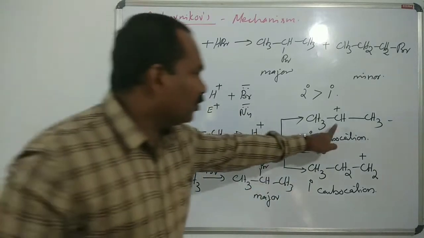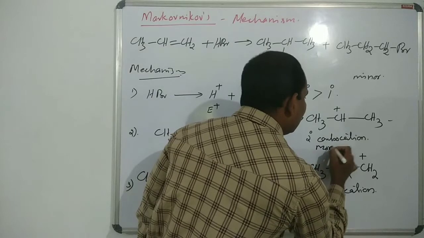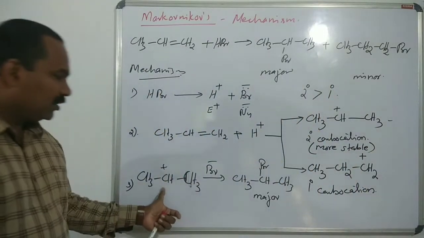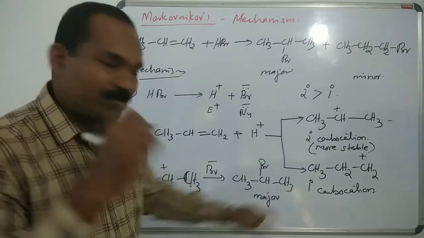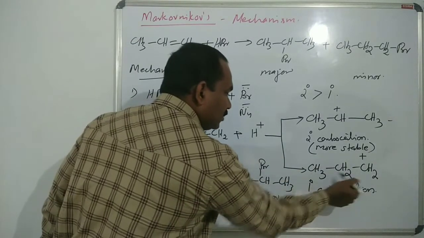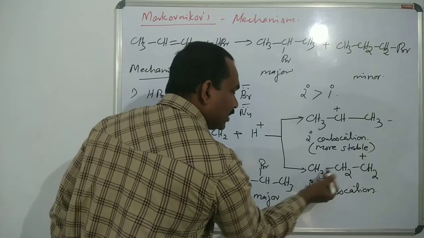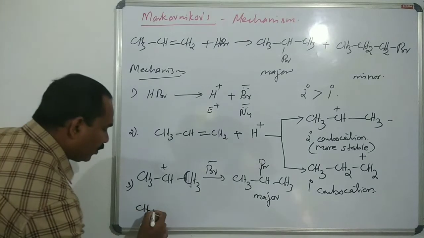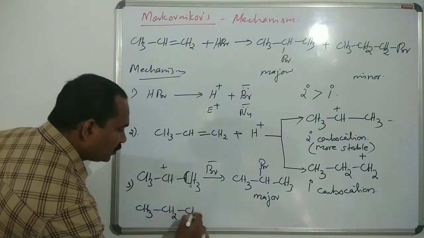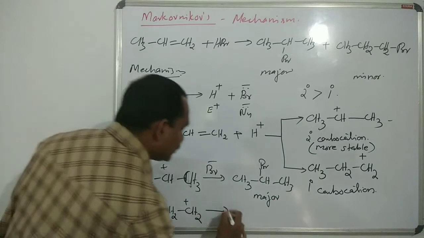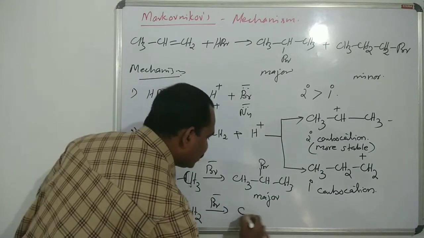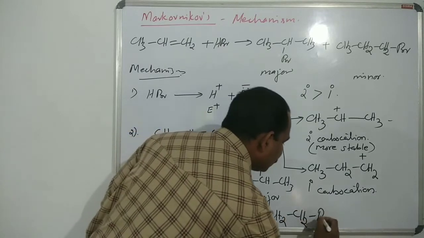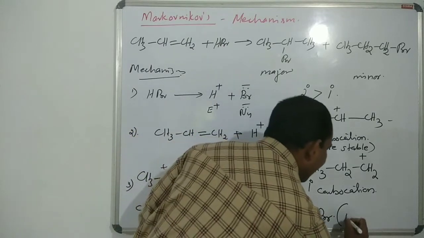This is the more stable carbocation. That's why this product is the major product. And when Br- is added to CH3CH2CH2+, we get CH3CH2CH2Br as a minor product.